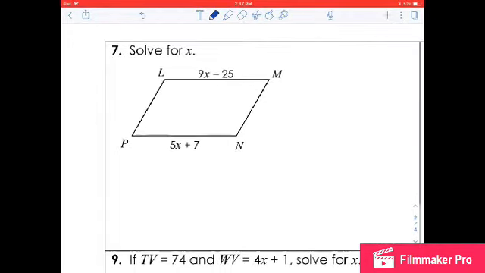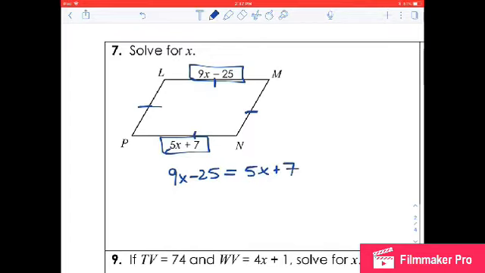So number 7, we're given this is 9x minus 25, this is 5x plus 7. So again, opposite sides are congruent, so that means those two are equal to each other. So all I have to do there is set 9x minus 25 equals 5x plus 7. And so I go ahead and subtract 5x to the other side to get x on one side.